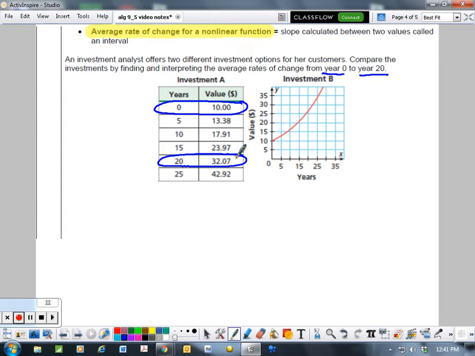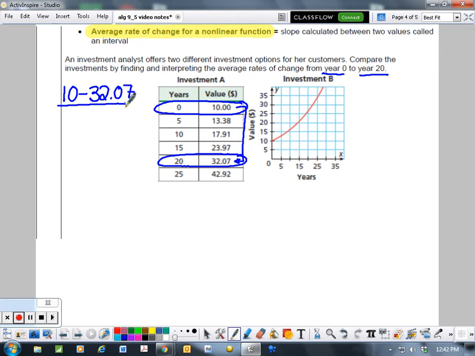So we went from $10 to $32.07. So when I'm doing the slope, I could say I'm going to start at $10, and then I'm going to look at the difference, and I ended up at $32.07. And most people are like, oh, that's negative, but that's okay.